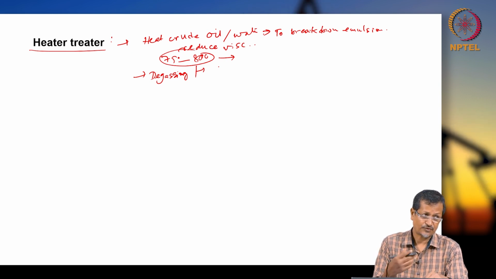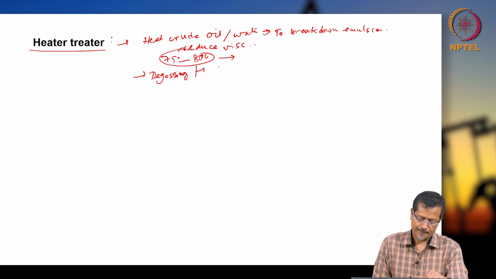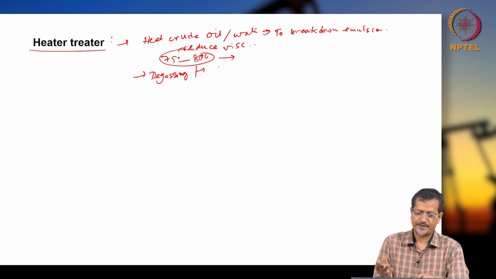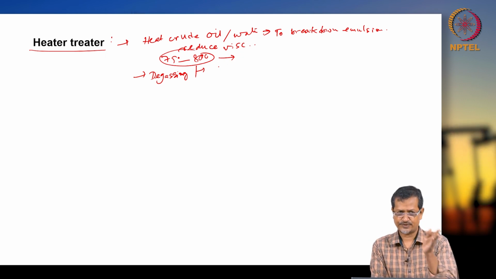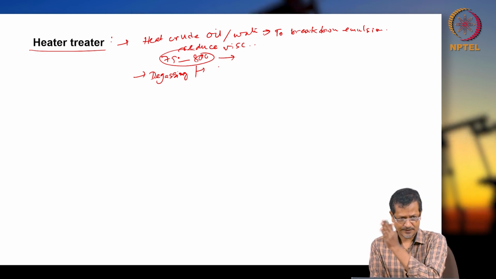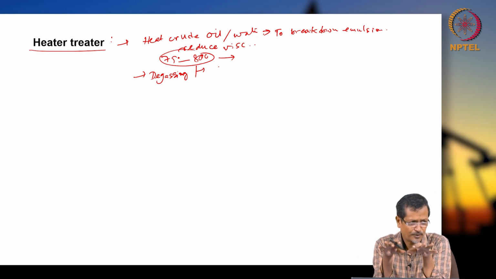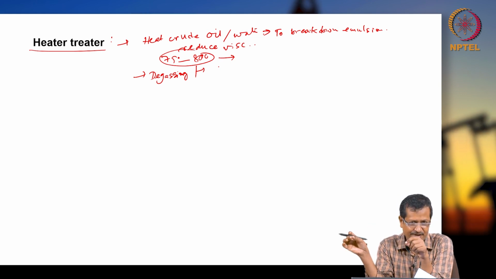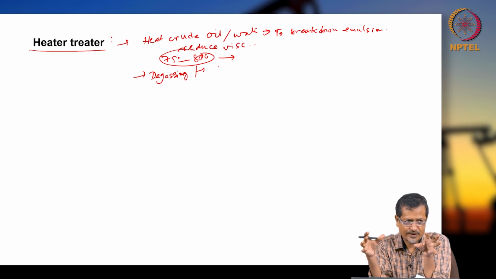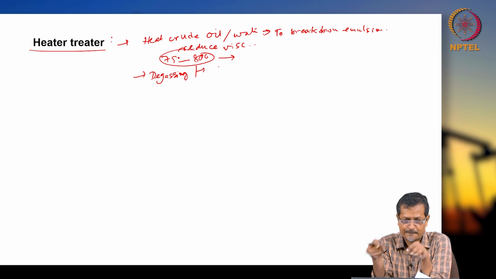Sometimes you are using a natural or forced draft burner; later we will discuss what natural draft and forced draft burners are. Coalescing is easier if you have heated, because viscosity changes. In many cases, if you use a heater treater with an electrostatic separation system, the heat requirement will be lower, because heating changes viscosity and the electric field also works, so both together reduce your retention time in the separator.